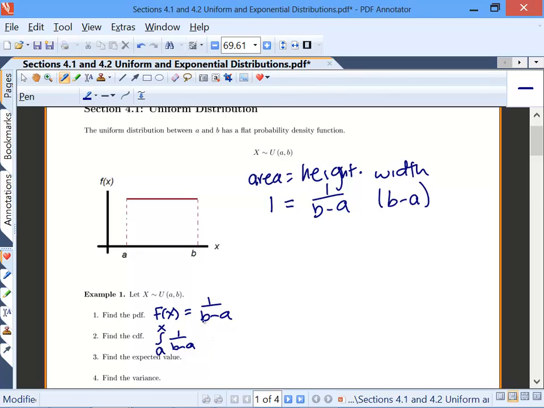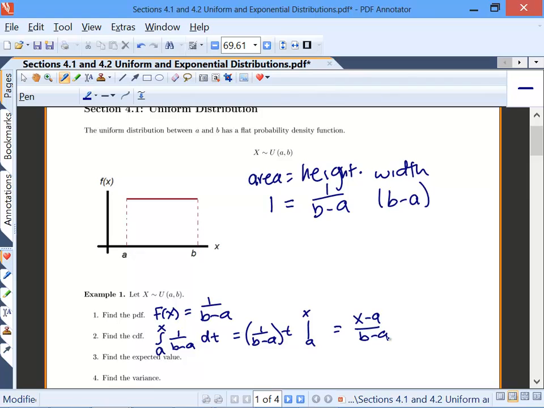There is no actual variable in my function yet, but I'm still going to put dt. This will integrate to 1 over B minus A times t evaluated from A to x. And it will give me x minus A over B minus A. And that is my CDF.